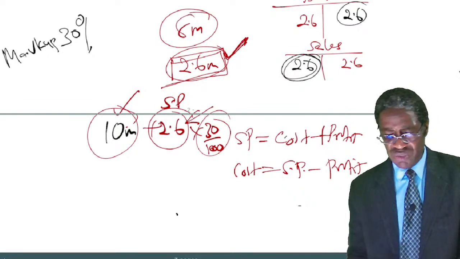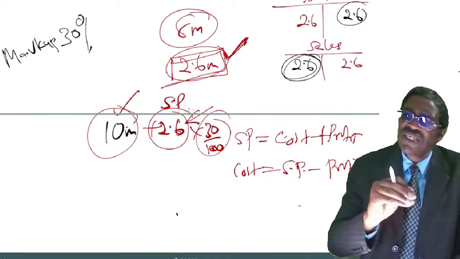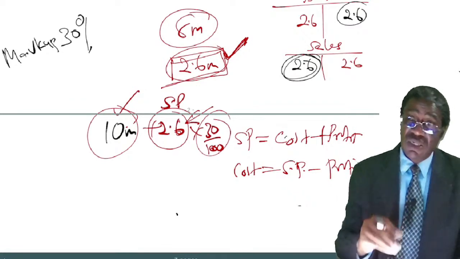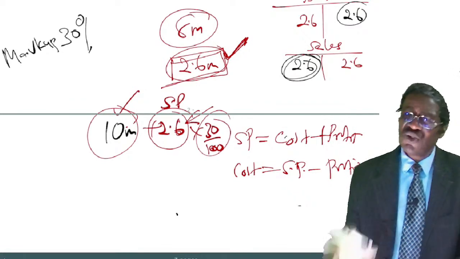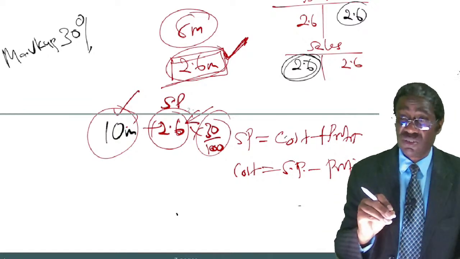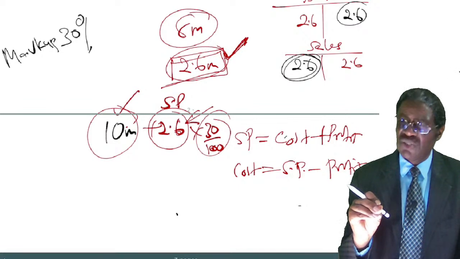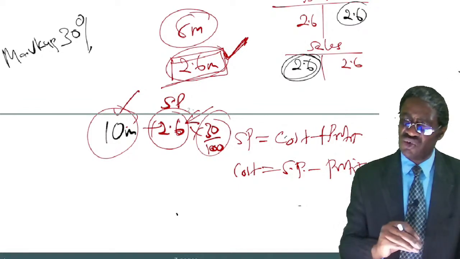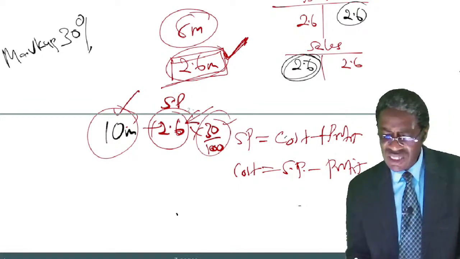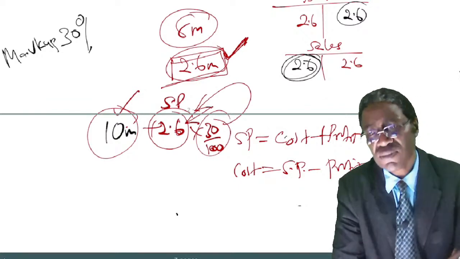This 2.6 million is the selling price. If I know how much is the profit loading on that selling price, so that I remove the profit loading, then I'll be able to remain with the cost. But my question was, to determine the profit out of this 2.6 million, can I just take 30% of that 2.6?